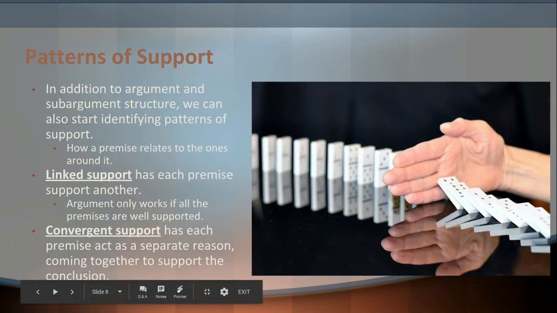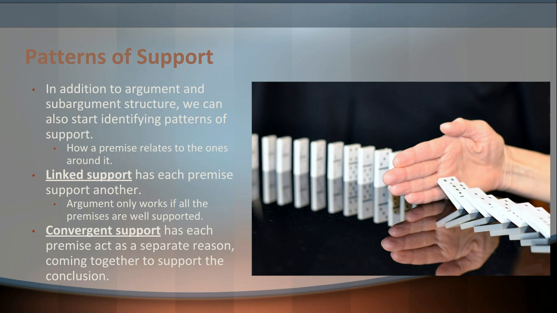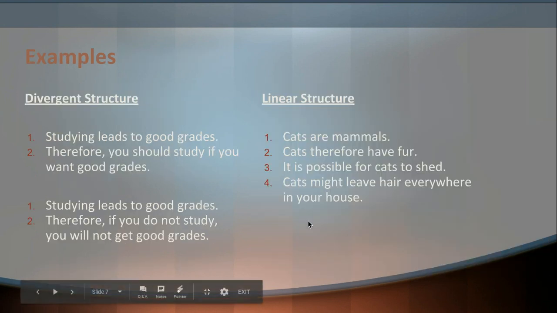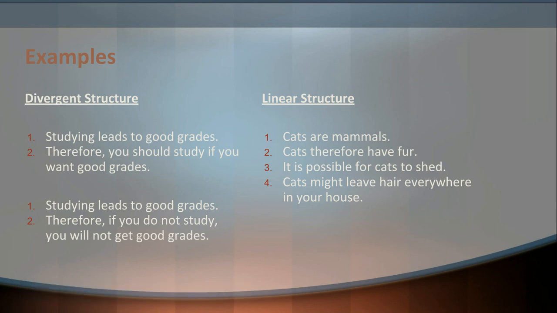But when we talk about a couple of these different patterns of support, we are technically making small differences in how we're talking about these things. When we talk about support, we're talking about how a premise relates or counts in favor of other claims that are present in the argument. Whereas here, when we talk about structure, we're literally talking about whether a claim is performing the work, performing the function of supporting or being supported.